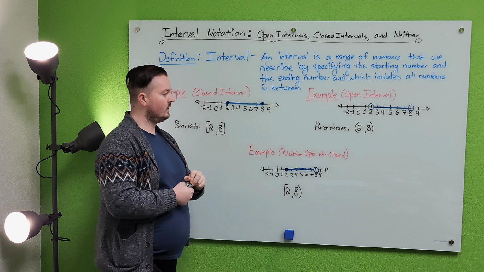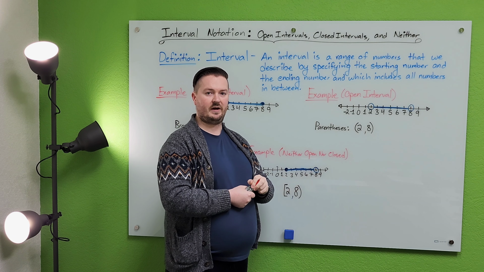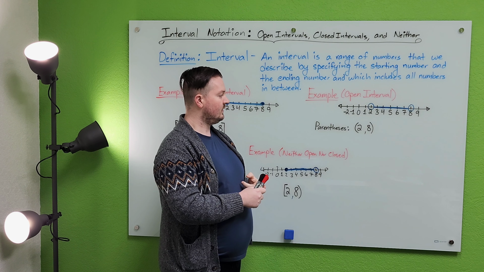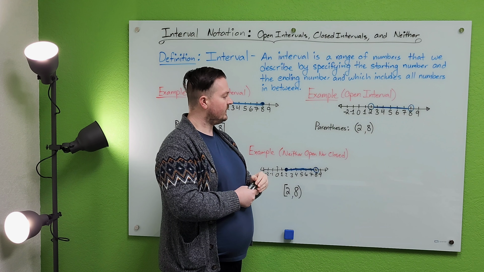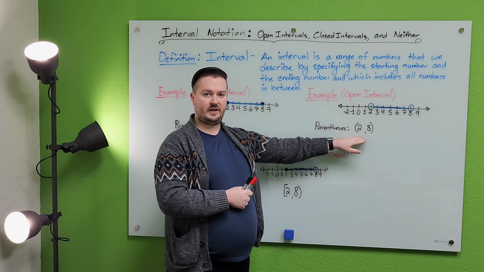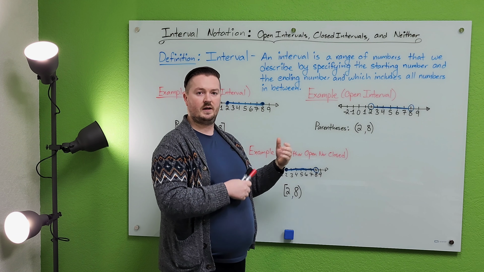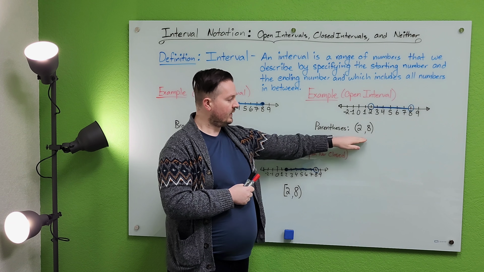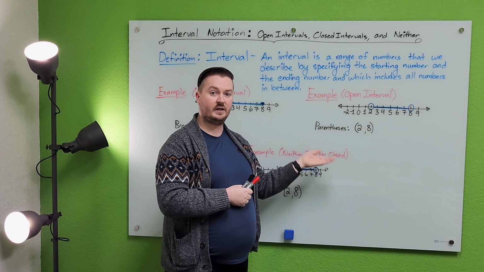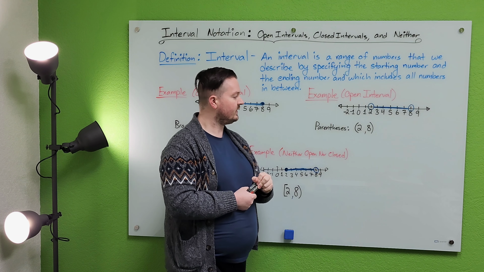Just one word of caution, notice this does look very similar to an ordered pair of numbers, which we might use as a coordinate for a point, or just a coordinate for an x and a y value. We have to go off of the context of our problem, where we specify we are about to give an interval, and then when we give this notation, we all should understand that this represents an interval, not a point, or not the xy coordinates of a point.